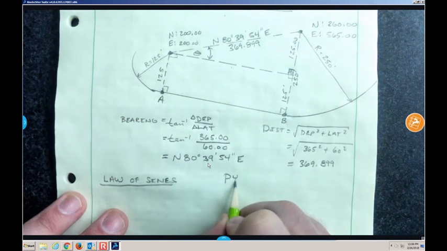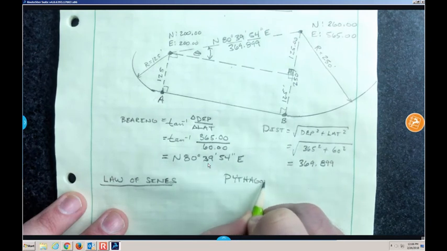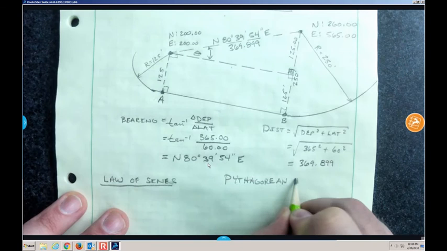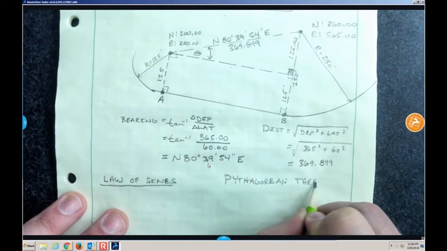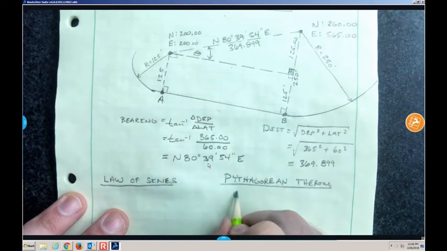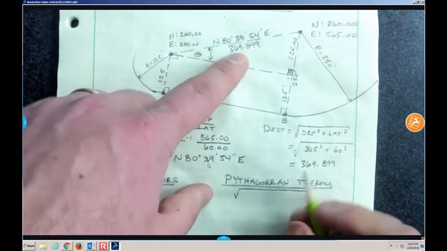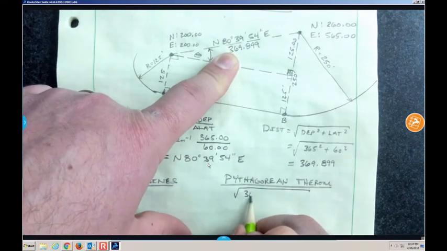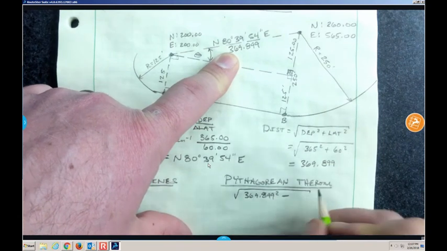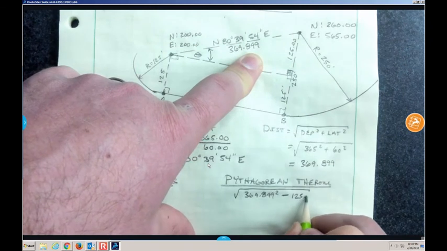B squared equals C squared minus A squared. So, square root of 369.899 squared minus 125.00 squared.